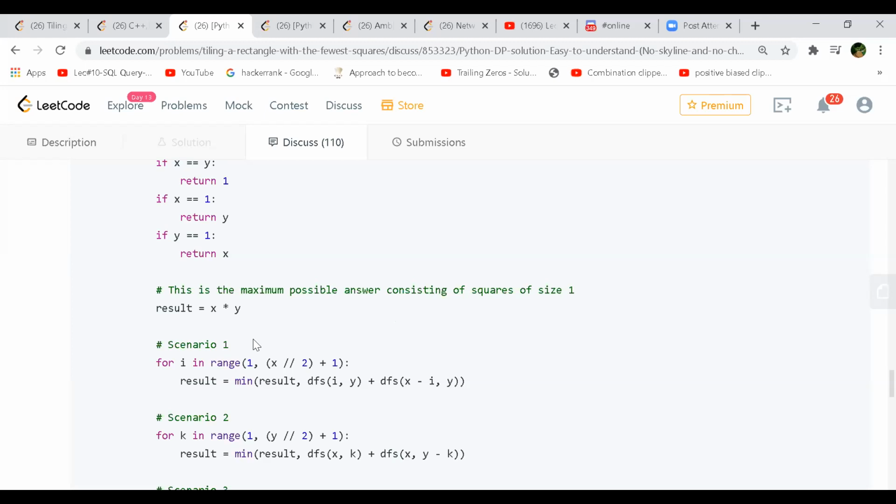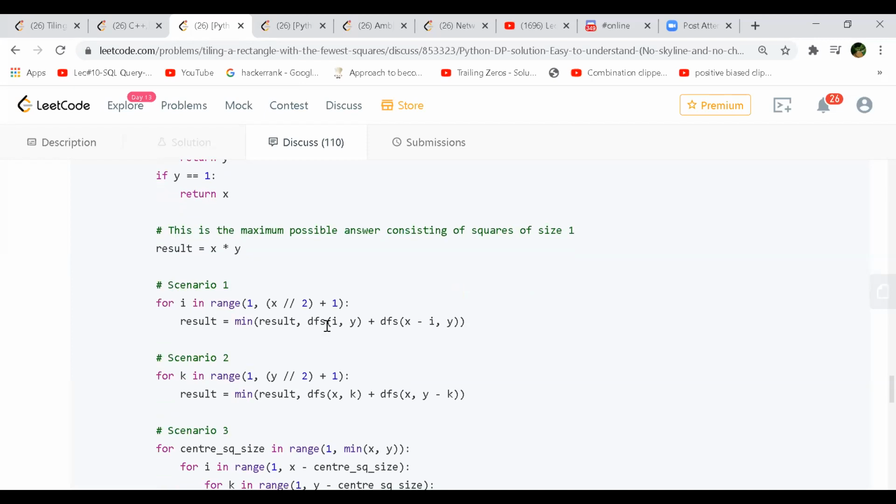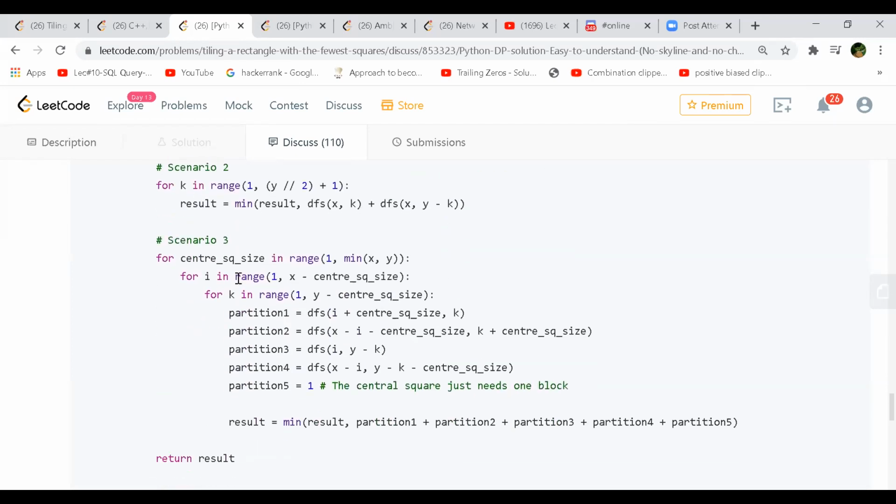You can take any max value also, but it's better to use this, because the worst answer will be x cross y only. So the first scenario is what you said: two DFS calls on i and x minus i. These first two are for the normal cases, right? Here comes the third one.